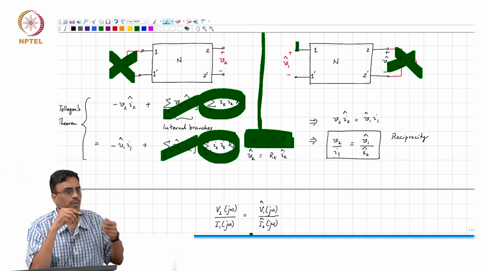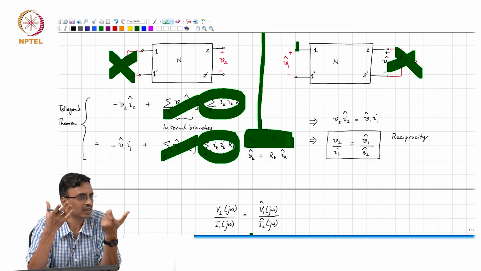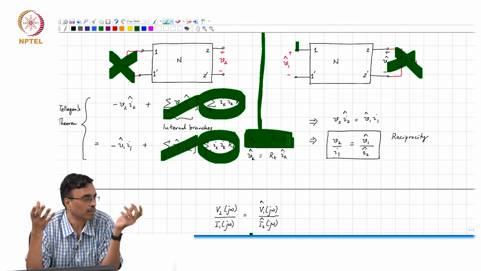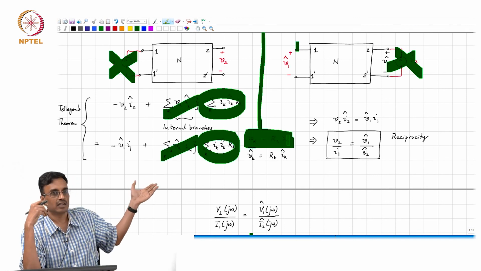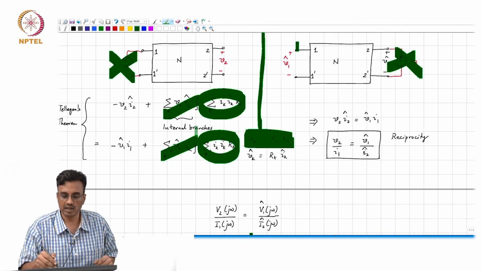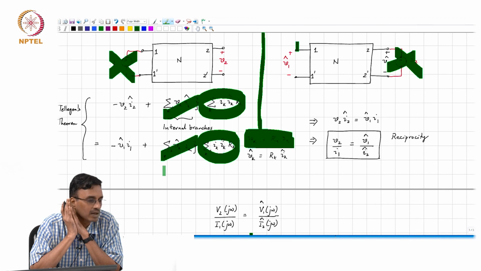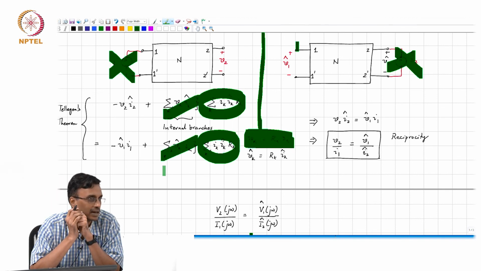The sign of the R could be negative. If the resistance is negative, it means that the network is actually active because the resistor is pushing out power rather than dissipating it. But that doesn't affect reciprocity at all, because these products will cancel out and you still end up with the transfer functions being identical.